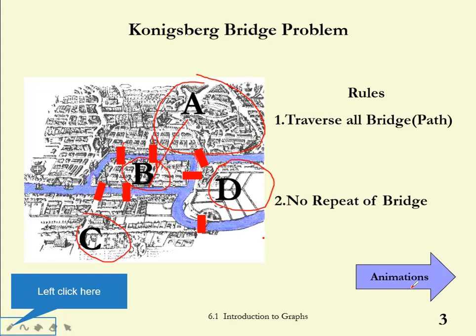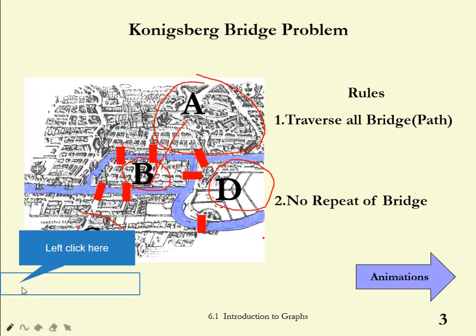And there the mathematician came into highlight, wherein Euler, as I told you, started to think about this problem, and he wanted to give a solution. And later on, it has become a graph, isn't it? How it has become a graph, we will see that also one by one. But before that, let us go to our animation. Small animations I have here.